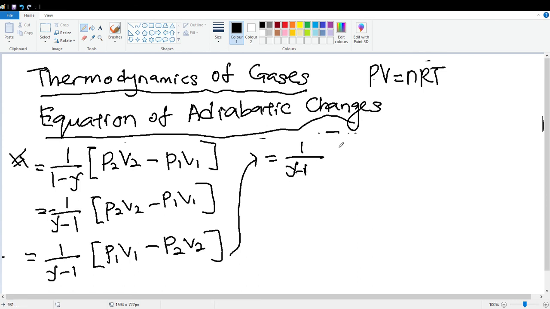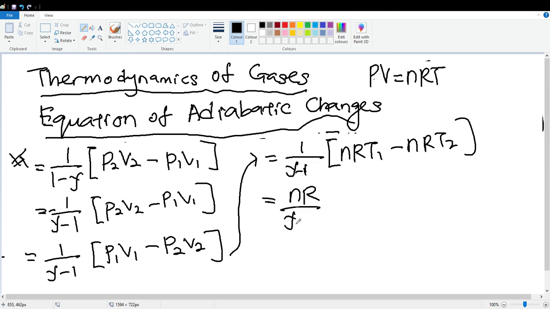So this is gamma minus 1, of course, and this is n. So n is the same for both final and initial volume. So nRT1 minus nRT2. So I can basically factorize this nR, which is the constant, and what I get is T1 minus T2.